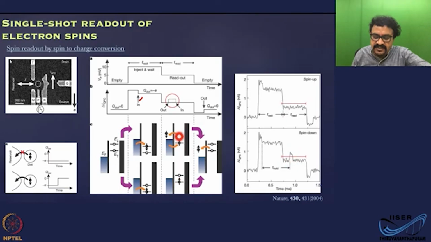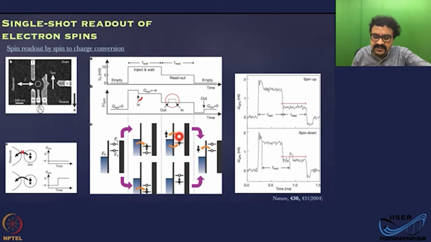Now when you go to the initial position again, that is the same position here, empty, this electron will tunnel. If the electron was here, it will tunnel out, and that's going to give you a small increase in the current of the sensor. You just need to remember only one thing. Electron tunneling out will give you a rise in the QPC current. Electron tunneling in will give you a drop in the QPC current. That's it.